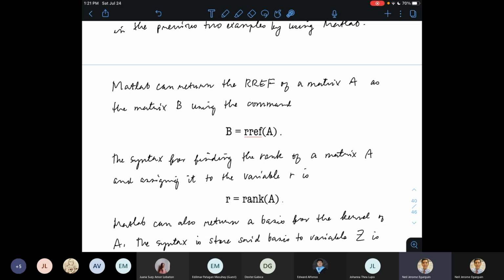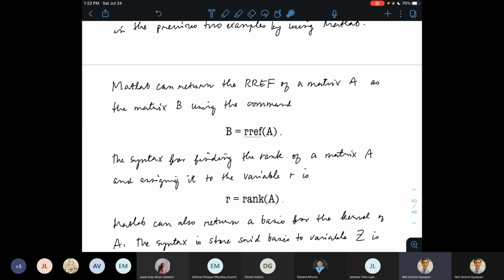And MATLAB in particular has a one-line command that will compute the reduced row echelon form of a matrix A. So if you type B equals rref(A), of course, wala dapat yung period. Yung period dito ay para dun sa sentence ko. Pero sa command, ito lang, rref(A).